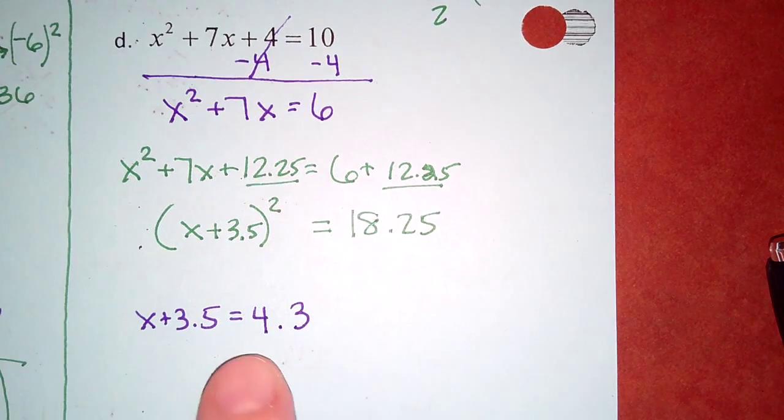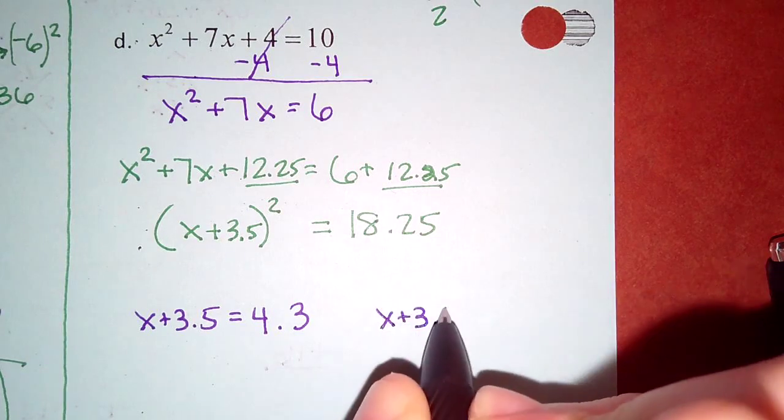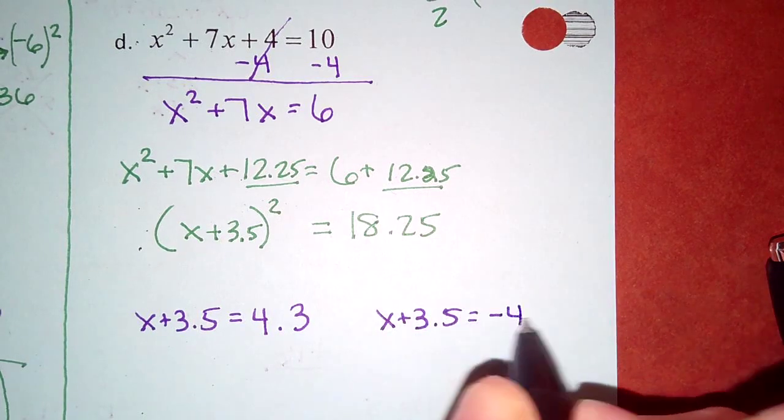So I'm saying 4.3 times 4.3 is 18.25. I rounded those numbers, so it's very close. Also, negative 4.3 times negative 4.3 is still 18.25. So that's why I'm setting up two equations. Negative 4.3.